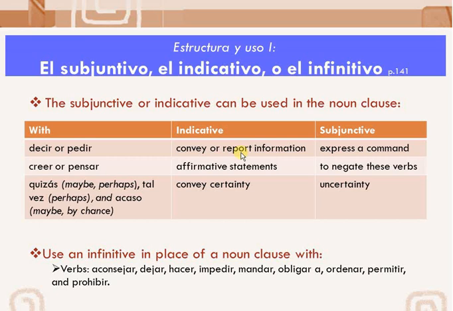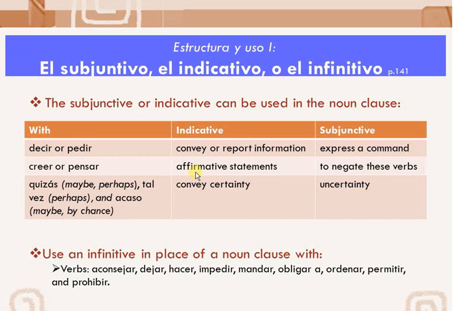He's just reporting some piece of information. But when I express a command, then you need to use the subjunctive. To illustrate that, I can say, Juan dice que empieces a trabajar ahora. In this situation, he's not reporting a piece of information. It's a command. I'm saying he said that you should start, you have to start to work now.